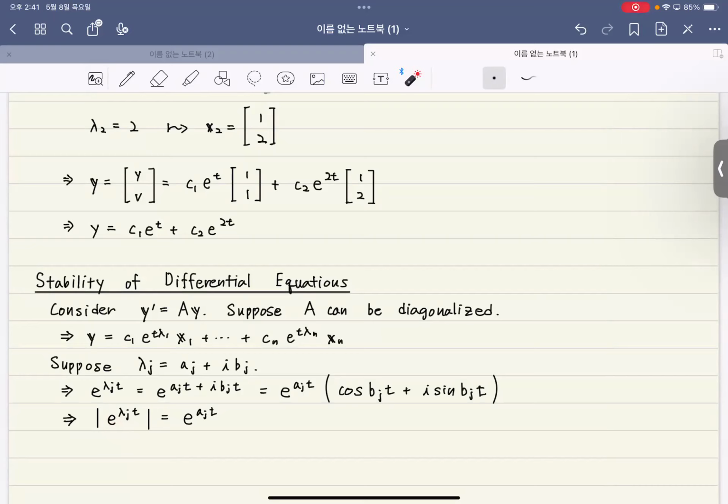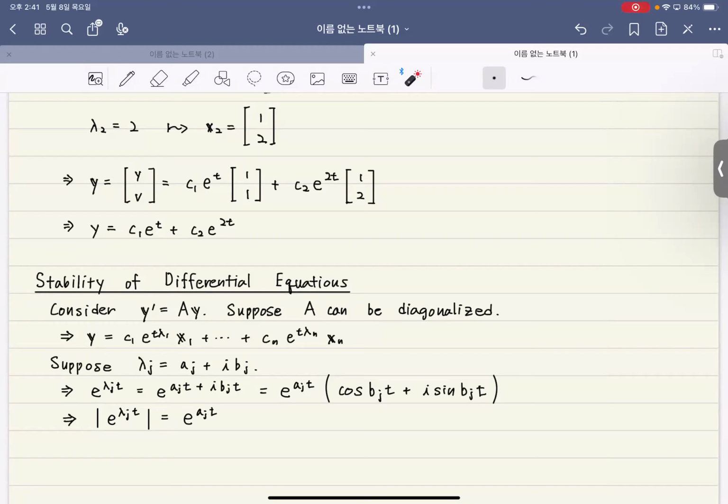The thing is, we are also interested in the asymptotic solution of this differential equation. In other words, the question is, what will happen if t goes to infinity? If t goes to infinity, then the asymptotic behavior will depend on this number aj, right? If aj is a number greater than 0, then this term will eventually go to positive infinity. Therefore, this solution will eventually blow up.